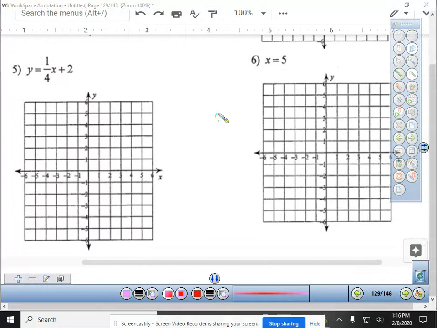What are you putting first? Y'all do number 5 by yourself.